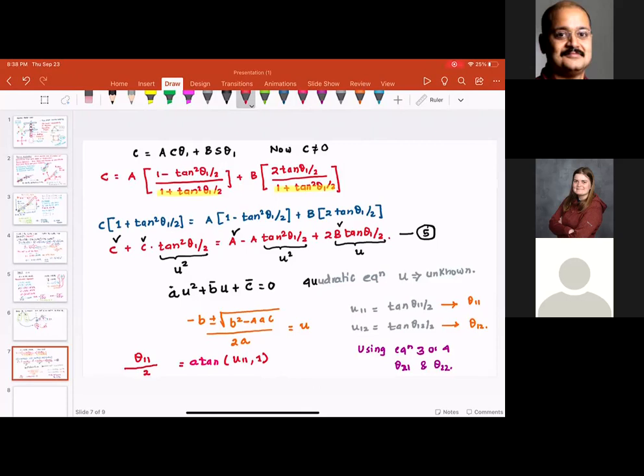So this 2 goes on the other side, and theta 1,1 becomes 2 times atan2 of u1,1 comma 1. Does it make sense? And the same thing happens to theta 1,2: 2 times atan2 of u1,2 comma 1. Everyone understood this? Any questions here?